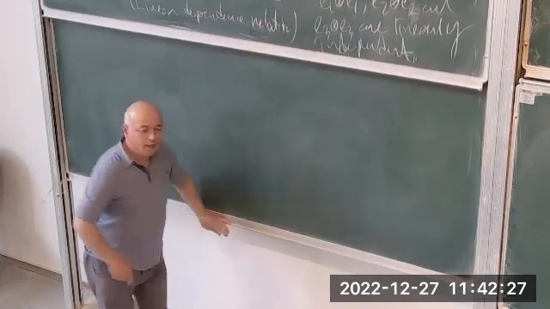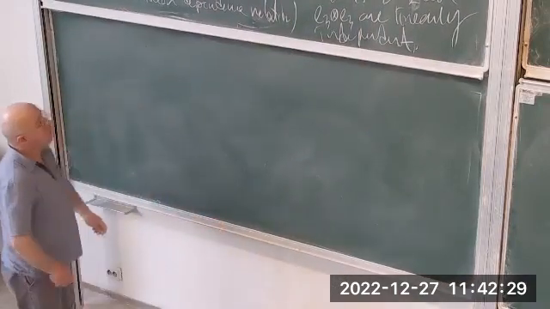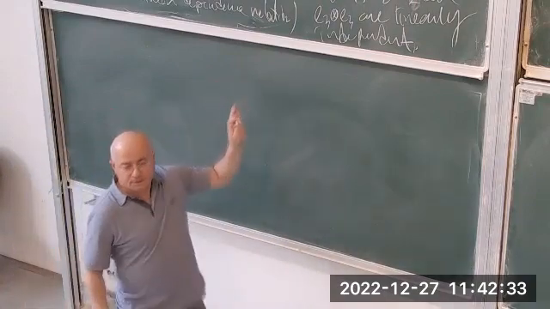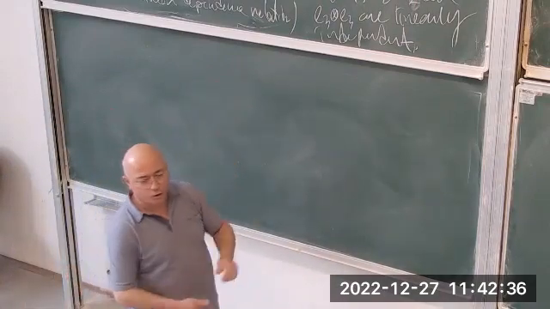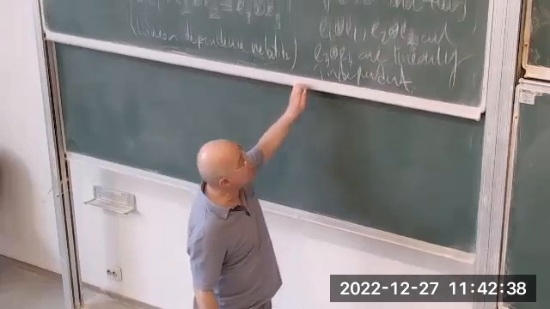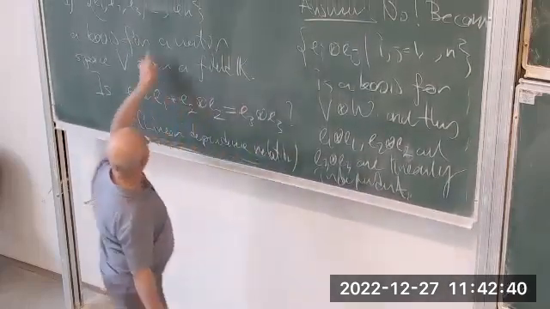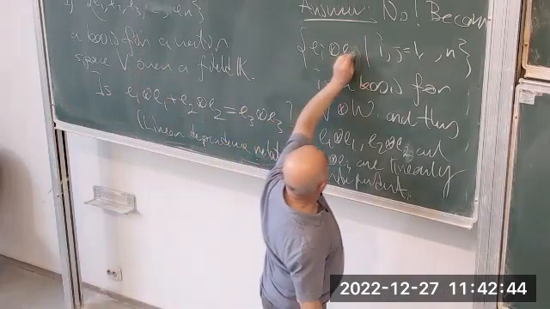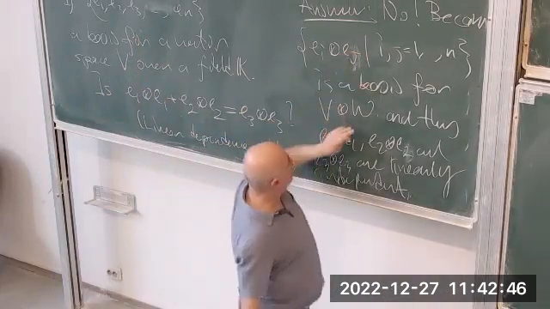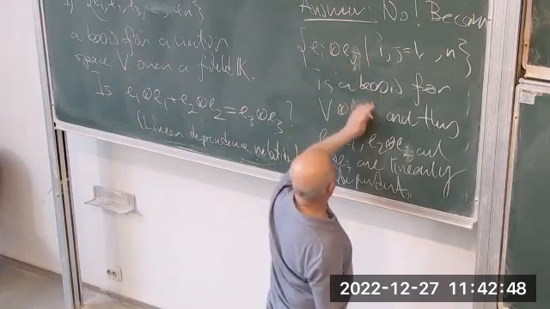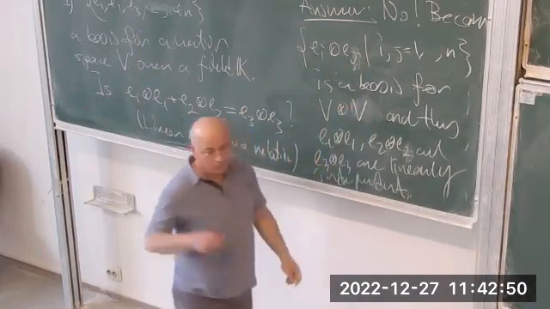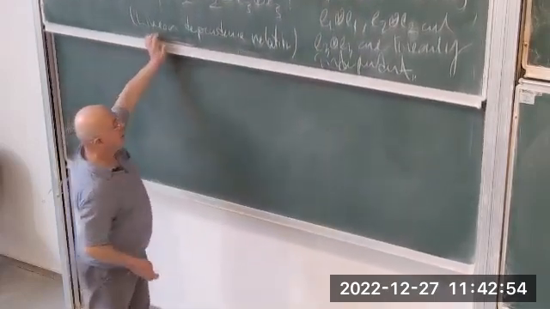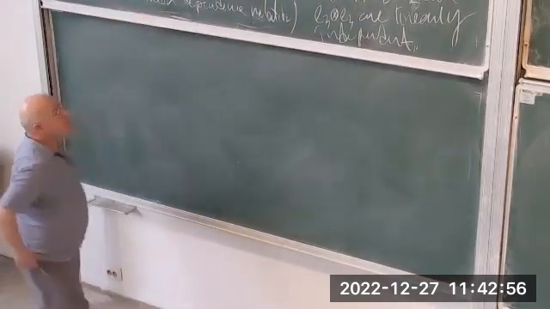But let me give you another argument. If you just write this, this is correct because we proved in class that if we have a basis for a vector space, then this kind of product is a basis for the tensor product. If you prove this, but you can actually give another argument.